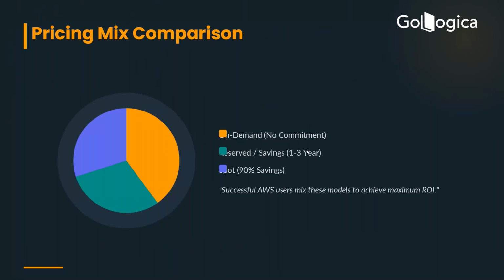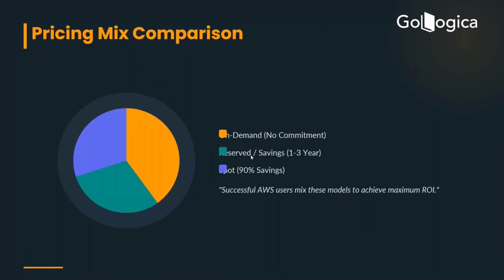So definitely you need to pay for those 3 years, and here you will be getting huge savings, up to 72 to 75% as compared to on demand instances. Because you are giving your commitment that you will be using them for 1 or 3 years, that will give you a lot of savings.